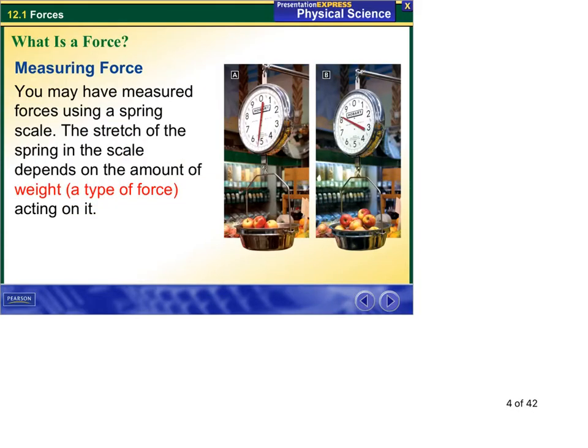When we measure force, we can use a spring scale, illustrated here in a grocery store. And when we use a spring scale, we measure weight, which is a type of force.